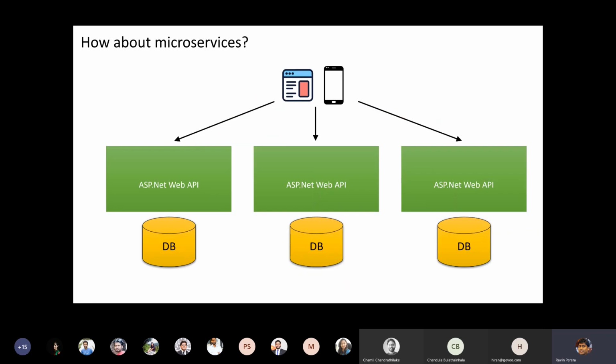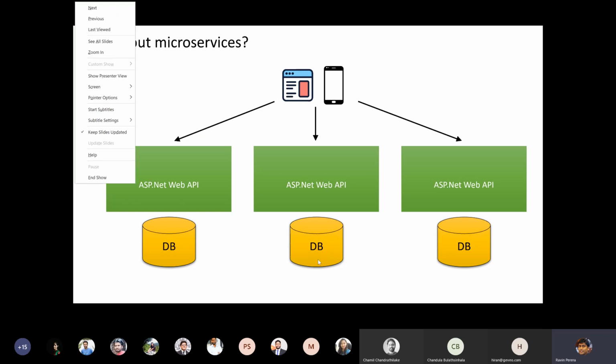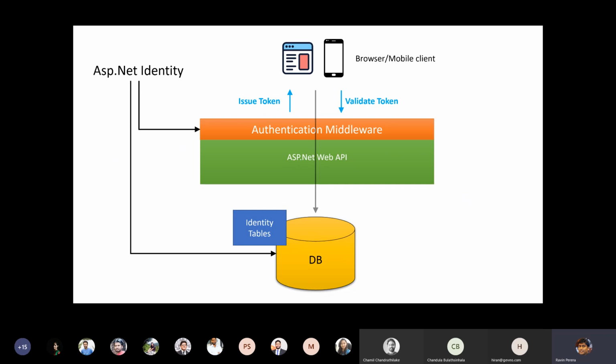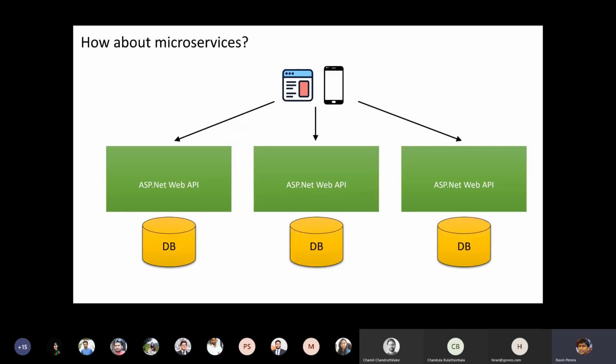Now, I want you to move your attention to microservices or projects that can have multiple APIs. What would we do in this case? Here you had one API, you were able to integrate the authentication middleware, ASP.NET Identity into the web API, and also this DB, because it's just one API, one DB, no harm done. Now here, what can you do?